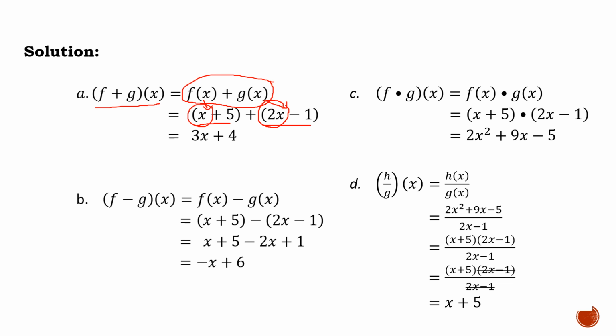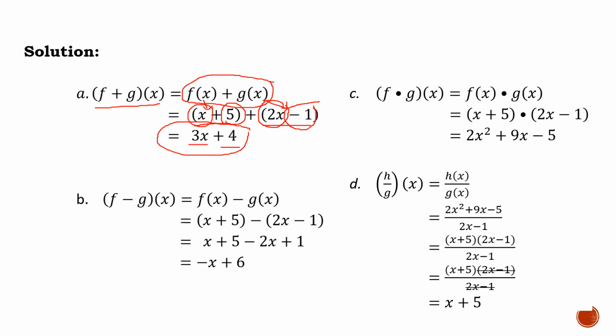So 1 plus 2 is 3x. Then 5 is a constant from f of x and negative 1 is from g of x. We just simply add these two numbers, so 5 minus 1 is equal to positive 4. So our final answer for f plus g of x is 3x plus 4.